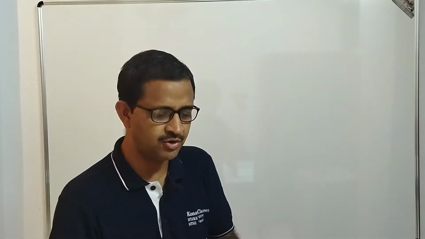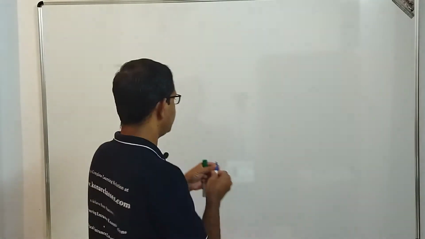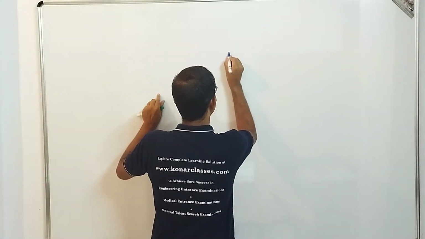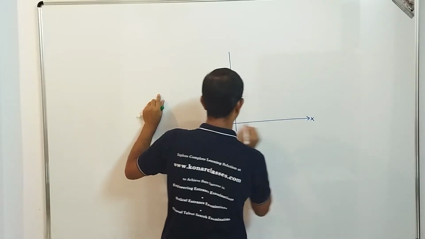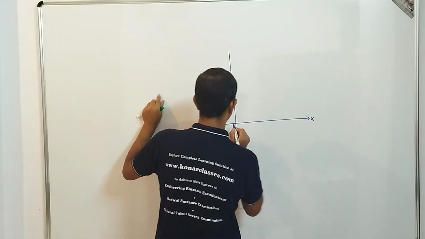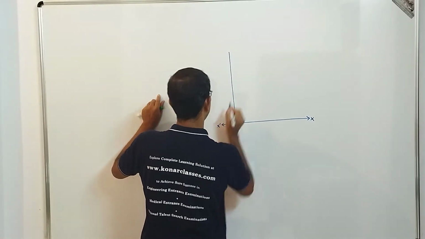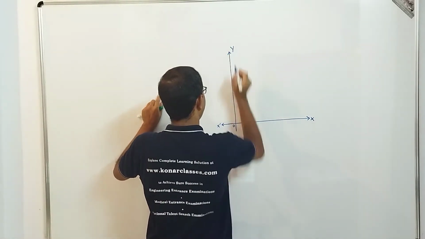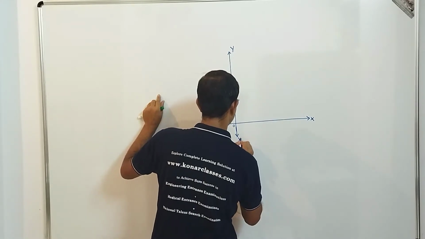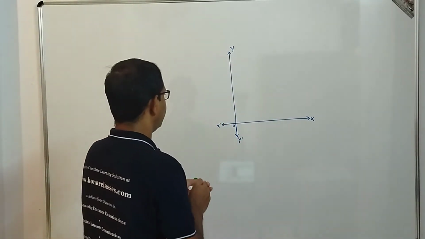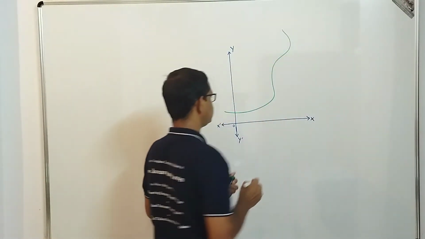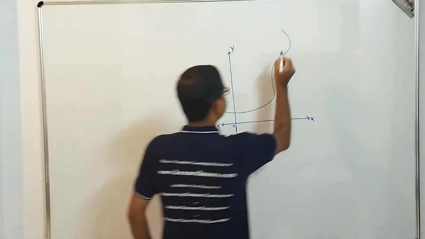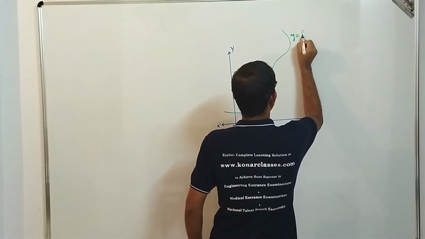What actually was meant is that if you have a curve y equal to f(x), and the visual representation of the curve is something like this, suppose this is the x-axis, this is the positive direction of the x-axis, this is the origin, this is the negative direction of the x-axis, this is the y-axis, positive direction, this is the negative direction of the y-axis, and we have a curve something like this. Suppose this is a curve, and we defined this curve as y equal to f(x).